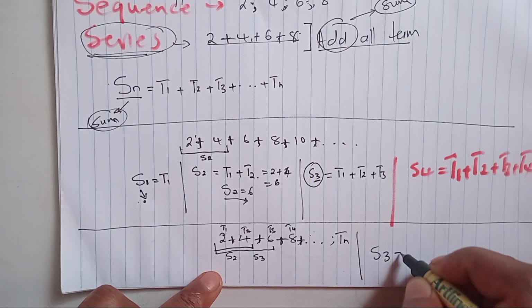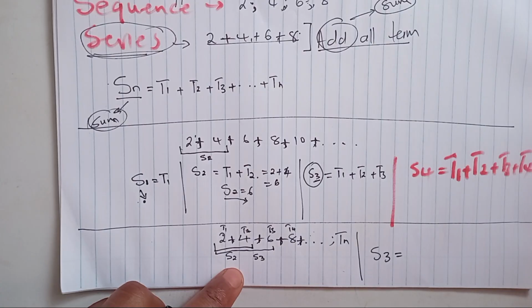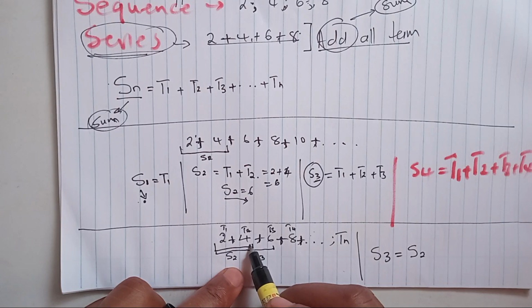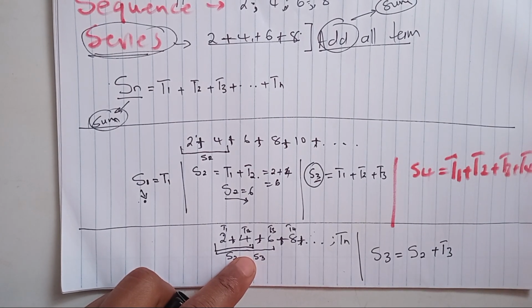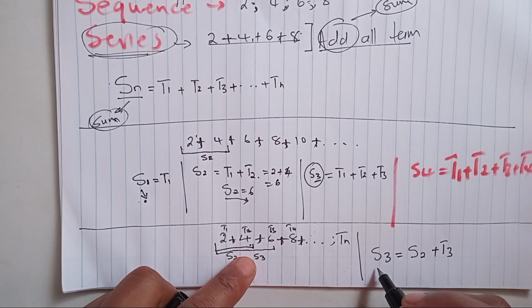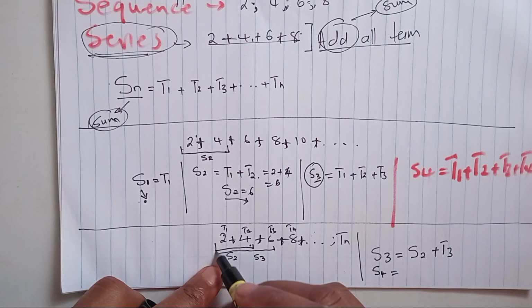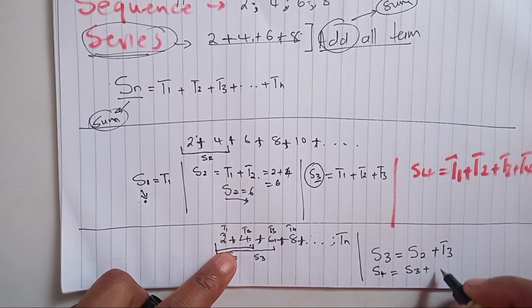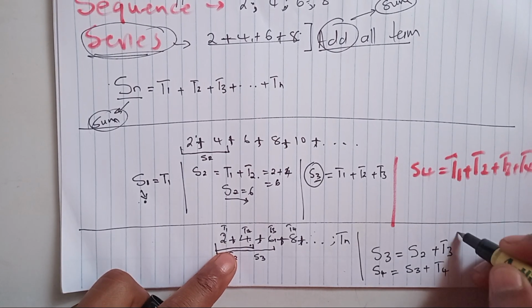S3 is going to be equivalent to S2, the first two terms, plus T3. So it means that S4 is going to be the sum of the first three, S3, plus T4. Note that, very much important.